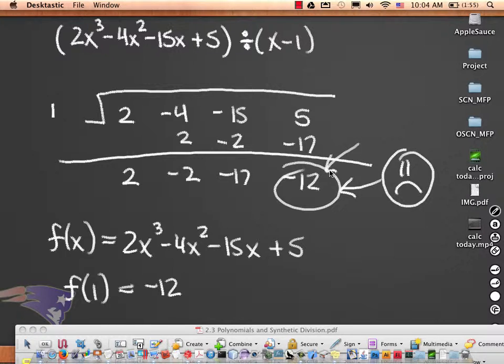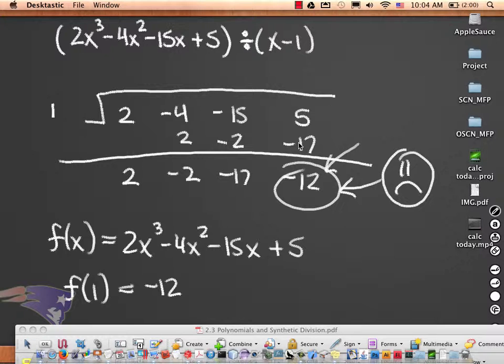So the remainder that's right here is the number that I get when I plug 1 into the function. Okay? And that's what number 2 was saying in the textbook when I showed you that box on the screen. Number 2 was saying, hey, if you plug the number in, you'll get the remainder of what you get by division, using the division algorithm. How would you write that?